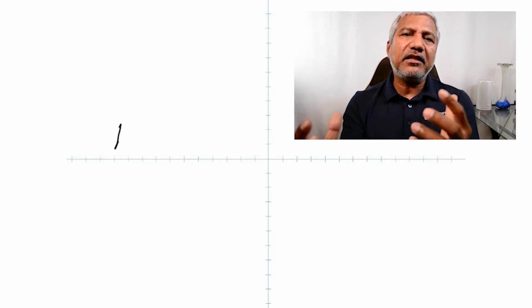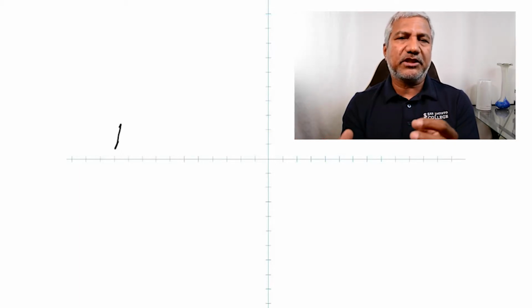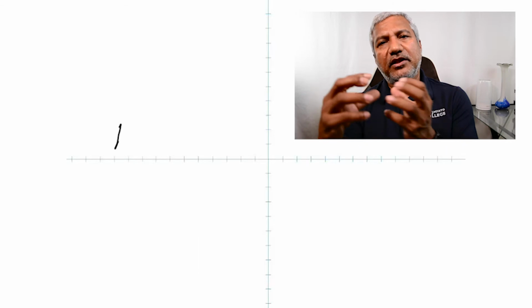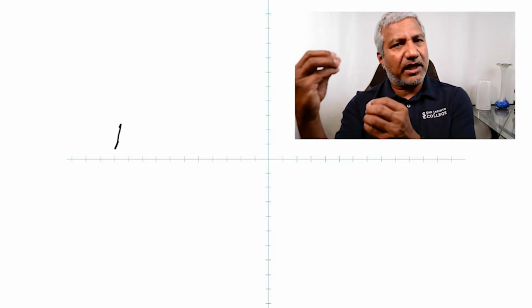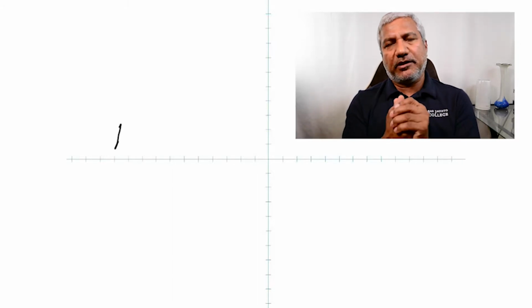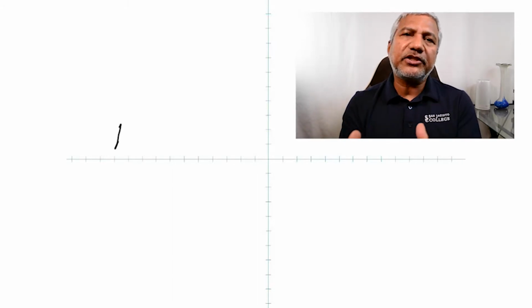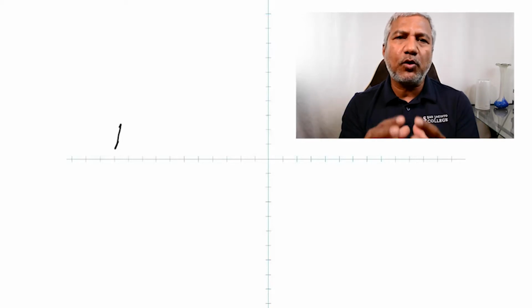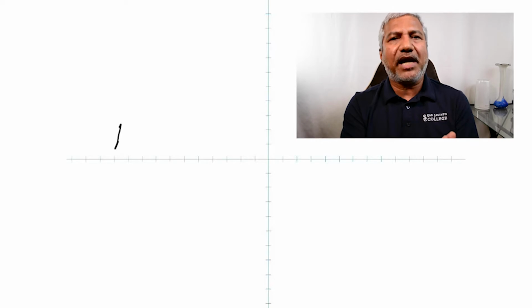So we combine these two quantities, which is the mass and the distance of that particle from the axis, and we call it rotational inertia. Rotational inertia plays the same role in rotational motion as that played by mass in linear motion.